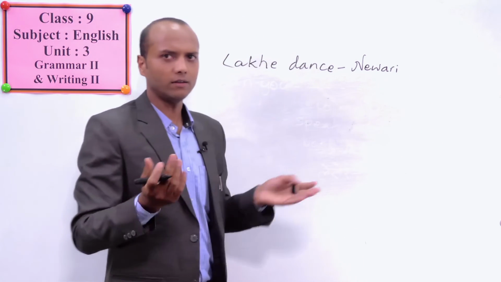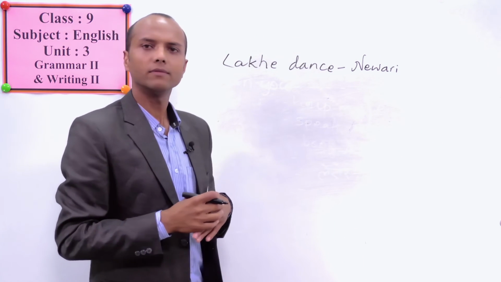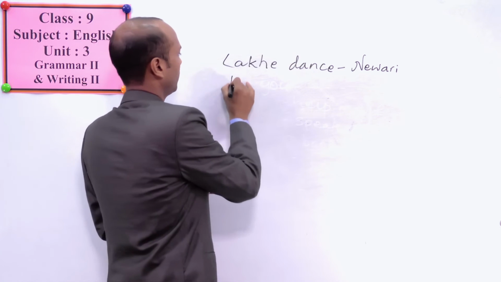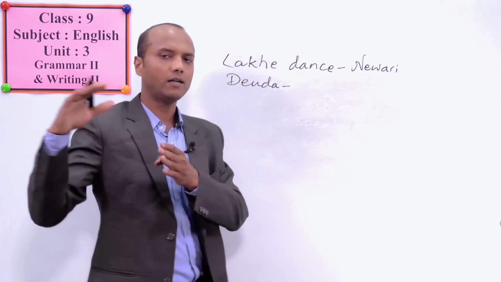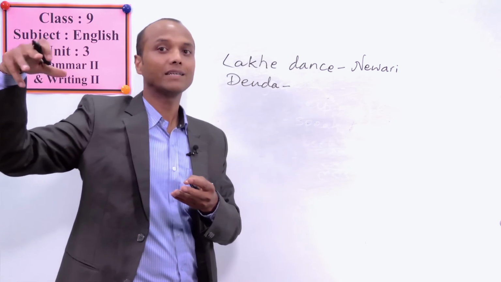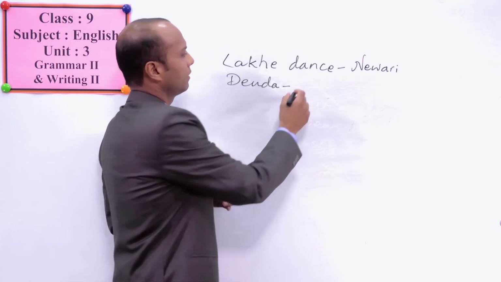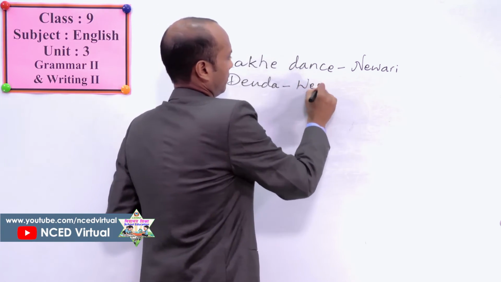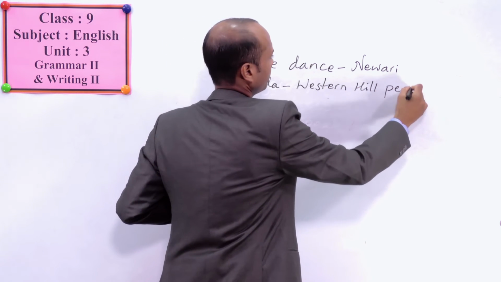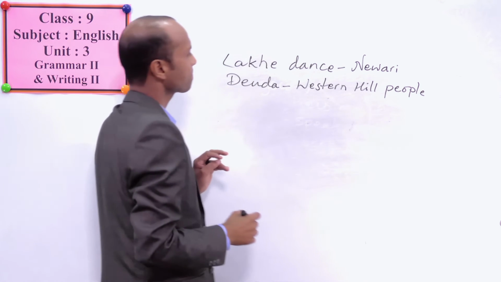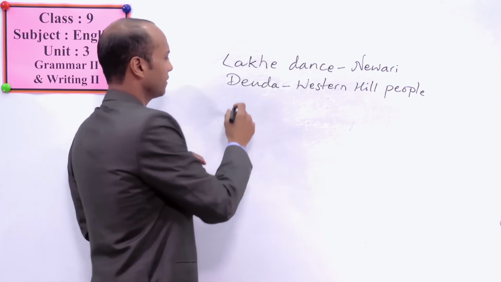Okay, any other? Can you name any? Good. You can say Deuda by, let's say, Western Hill people. Okay, any other? Good.